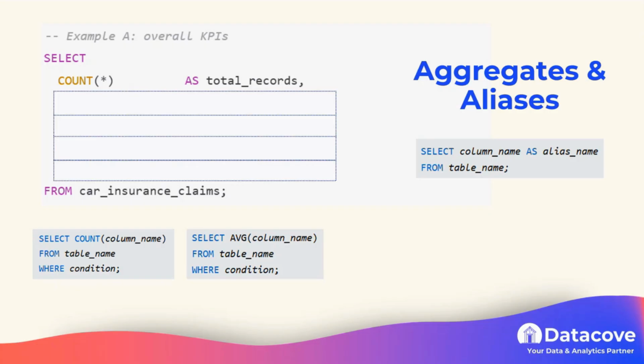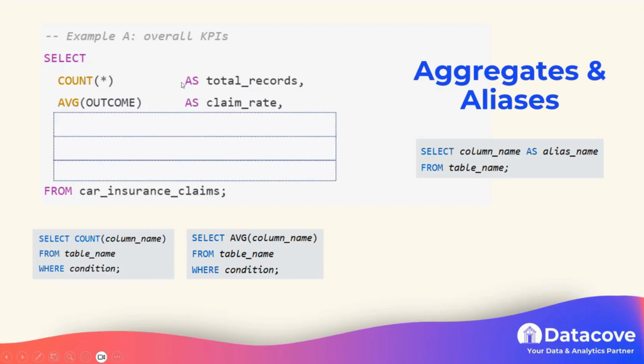If I was to do an average, so let's say now we've got the count, but I wanted to know what the average outcome was. Again, apologies, a different data set, but I wanted to call that the claim rate because it was the average of some numbers. That would give me a kind of percent because it was in decimals.